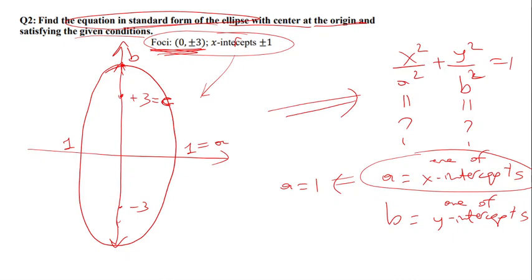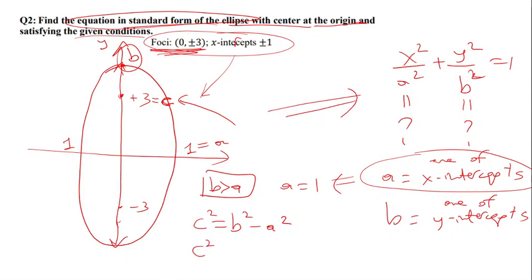What is b? What's the relation between a, b, c? We know c squared is b squared minus a squared. Why? Here b is bigger than a because of the foci. The foci are on the y-axis, so the ellipse is longer on the y-axis. So c squared is equal to... what is c? c is 3. 3 squared is equal to b squared, which we don't know, minus a squared, and a is 1.